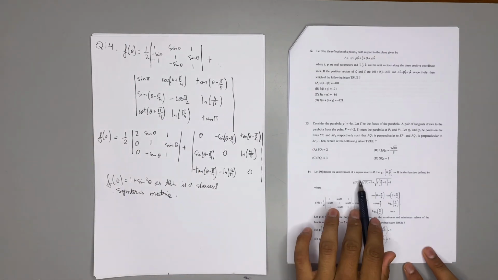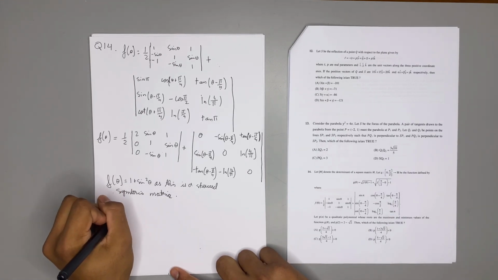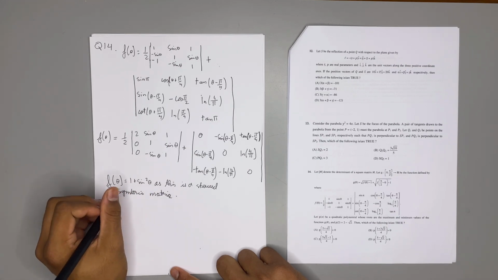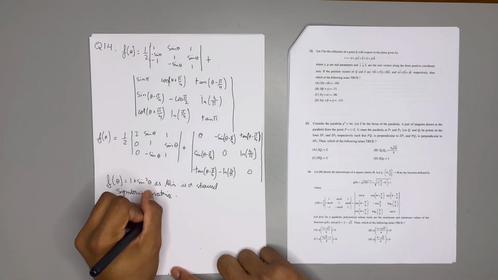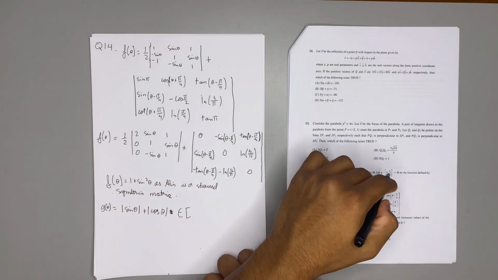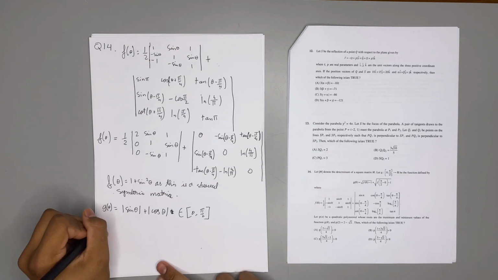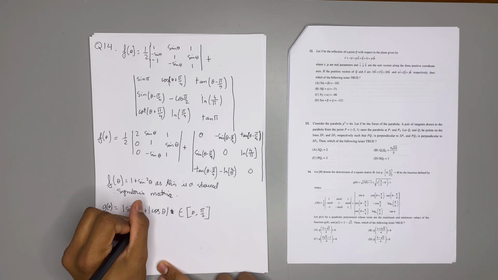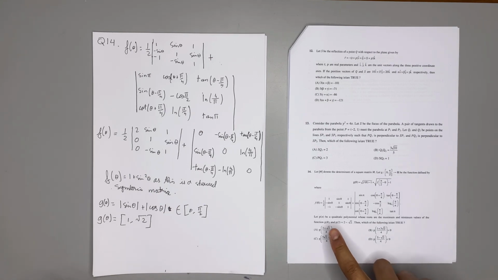Therefore, coming back to this g theta, then equals to square root of 1 plus sine squared minus 1, this would give me magnitude of sine theta plus magnitude of cos theta, which is an element of the restriction being given 0 to pi upon 2. G theta then equals to 1 root 2. Correct? 1 root 2.